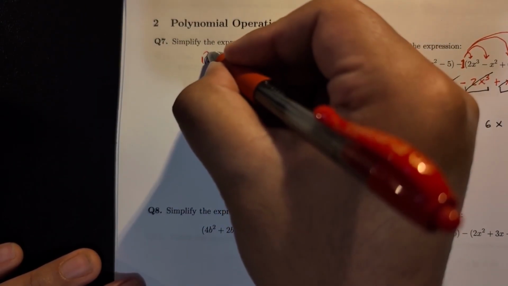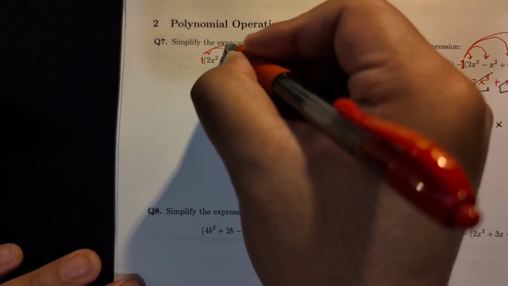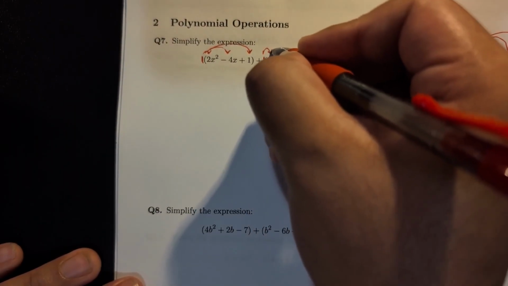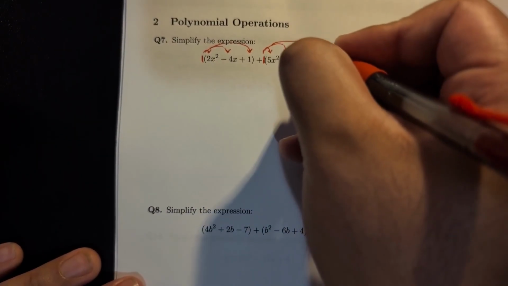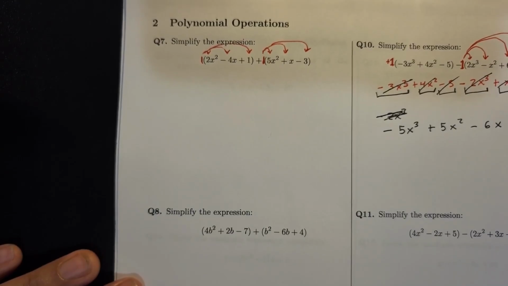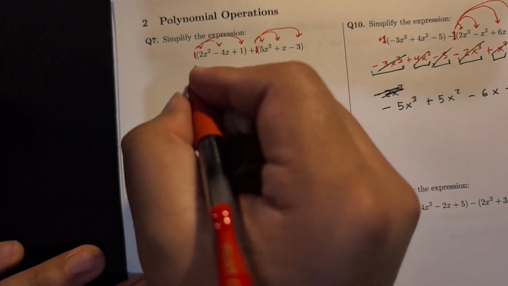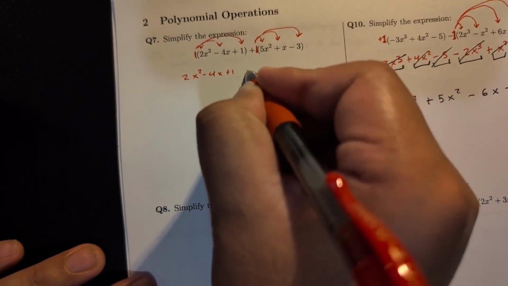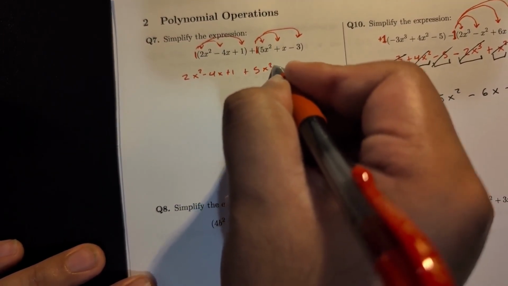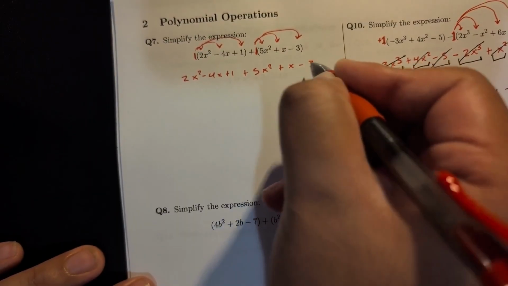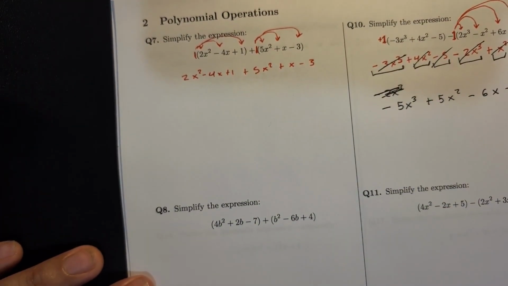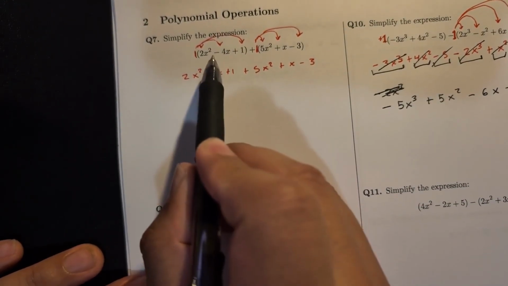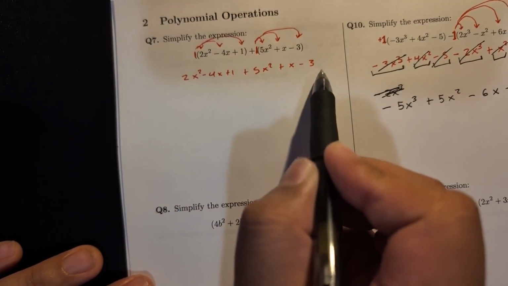When I distribute that positive 1, it does not change any of my numbers. So we get 2x squared minus 4x plus 1 plus 5x squared plus x minus 3. These 3 came from these 3, and these 3 came from this 3.